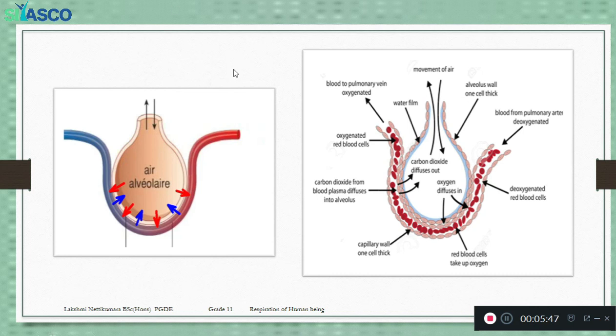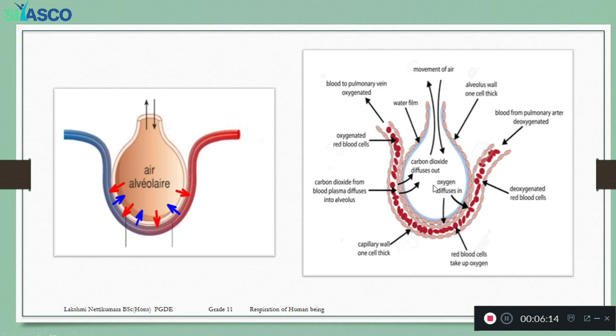Now if you look at this diagram, you can see this movement of air, that means breathing in and breathing out. When breathing in, the oxygen is high in the inhaled air. When it comes inside the air sac, the oxygen concentration is high. When you think about the oxygen inside the blood capillaries, it is less.